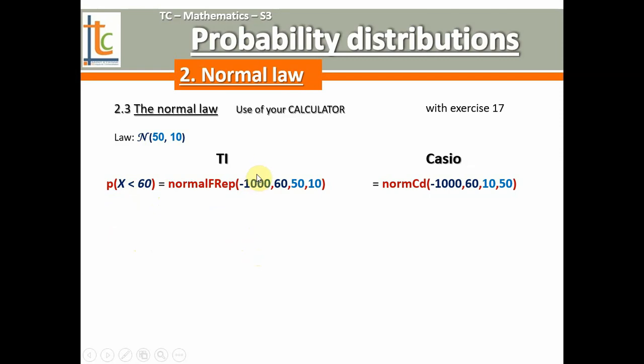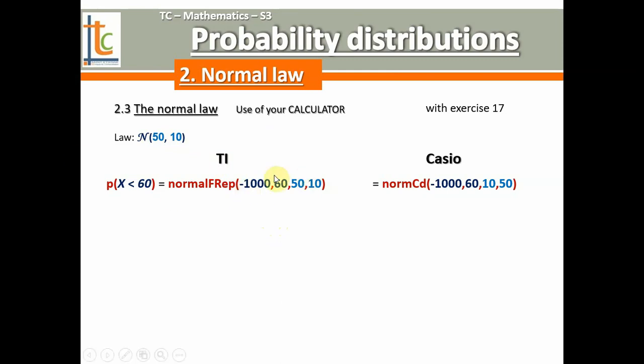You can't enter minus infinity in a calculator, so you just have to enter a large negative number to simulate minus infinity. So you could have put 10,000 or 1 million, whatever. The bigger it is, the better it will be for your result. With these parameters, negative 1,000 is very, very good.